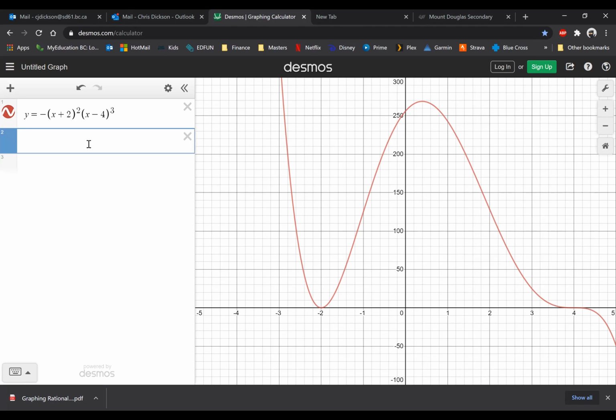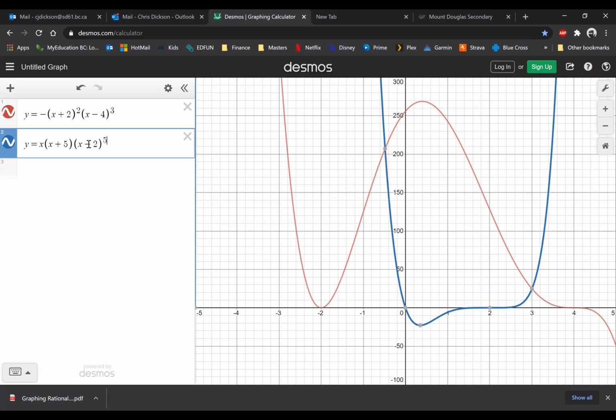So if I go y equals x, and then bracket x plus 5, close bracket, and then bracket x minus 2, then I can raise this to, close the bracket, and raise that to the 5th power. Okay, so here you've got 2 x-intercepts. Actually, sorry, you should have 3 x-intercepts.